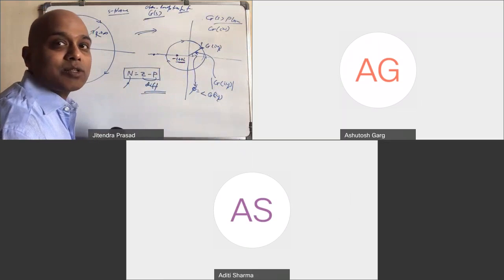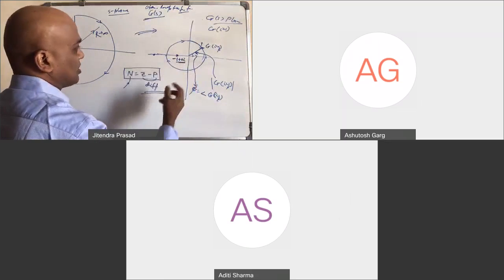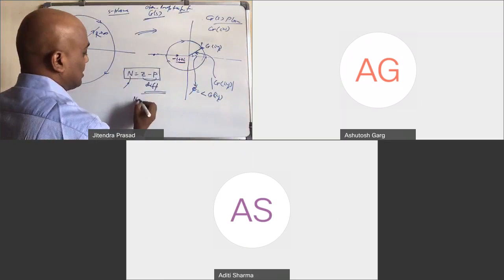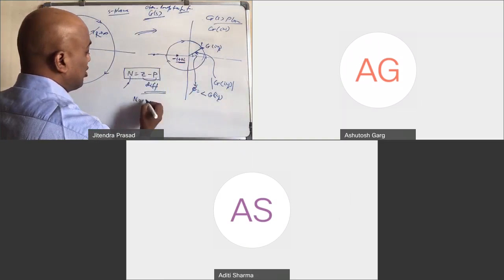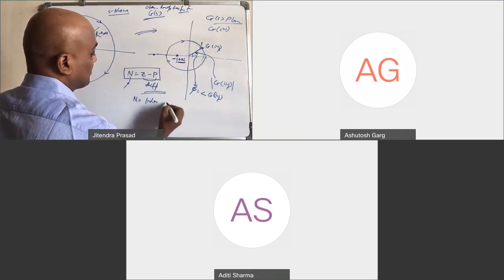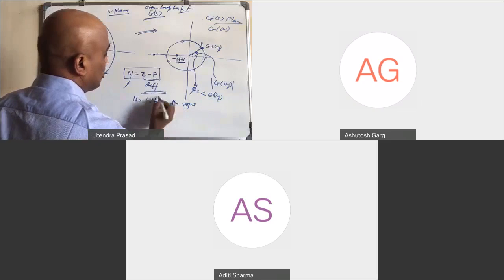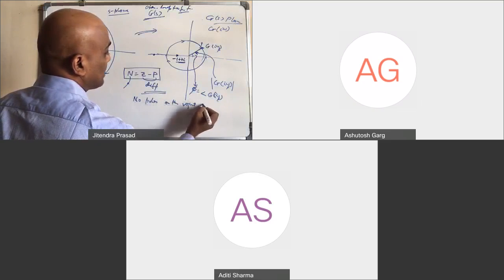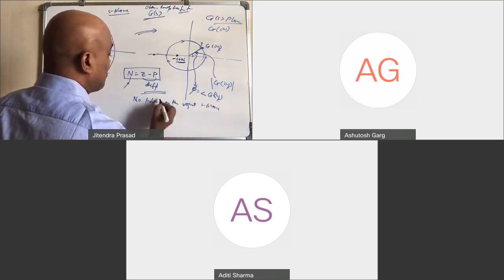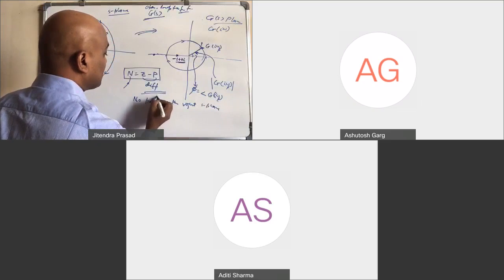Let us assume that there are no poles on the right S plane.